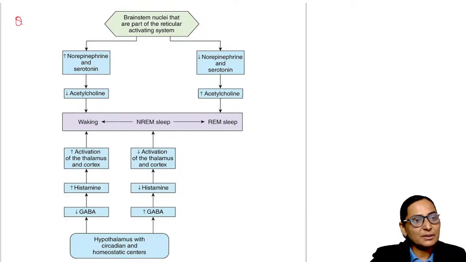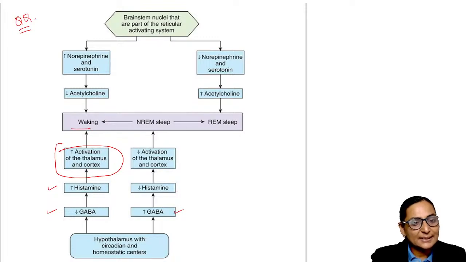Remember this table, which is from Ganong and almost every time being taught in the classes, where the role of the neurotransmitters has been given to you and must be studied. So we can see when there is increase in histamine, decrease in GABA, there is increased activation and waking.